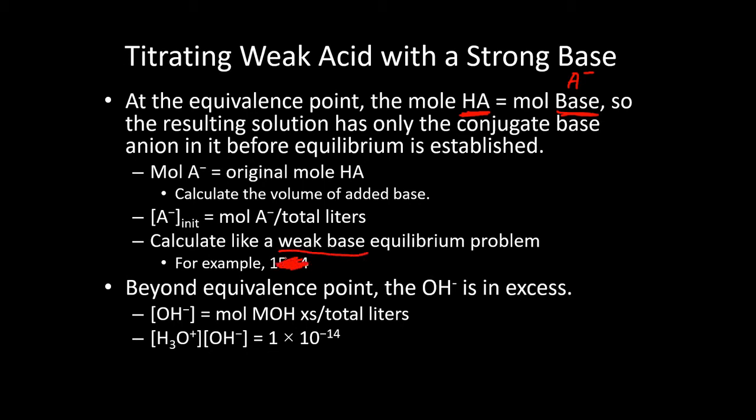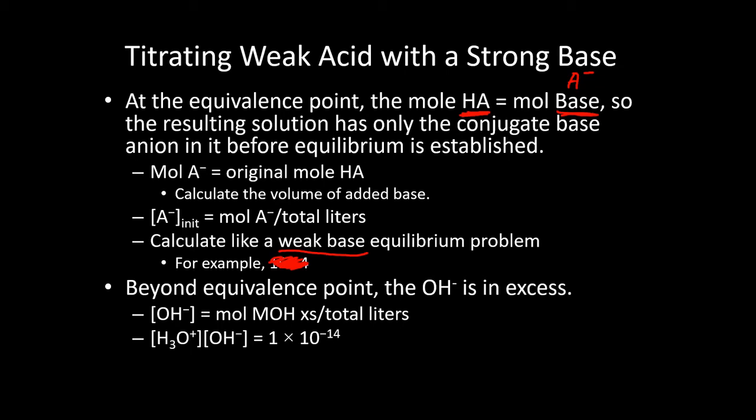Again, that example number is wrong, but if you remember back when we were talking about weak bases, I believe we did a weak base problem with ammonia. It would be just like that. We would plug everything in just like a weak acid, but we would use Kb's instead of Ka's and all that good stuff.